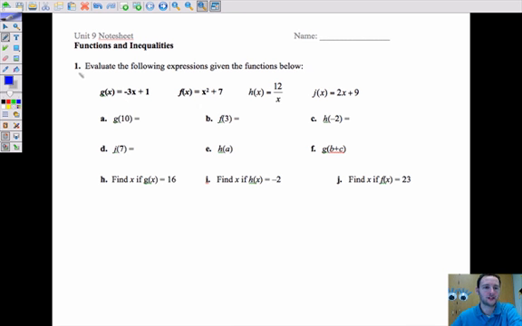So this says evaluate the following expressions given the functions below: g of x, f of x, h of x, and j of x. If you remember from the function notation unit, if I have g of 10, that really means that x equals 10.